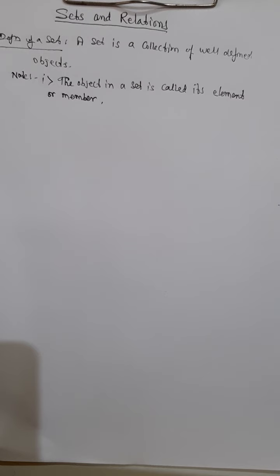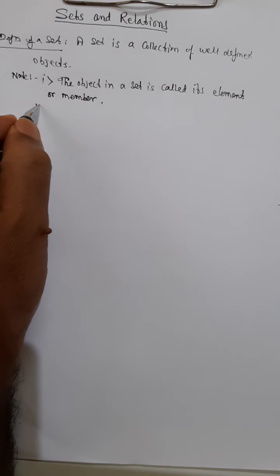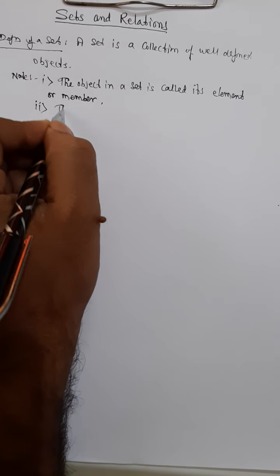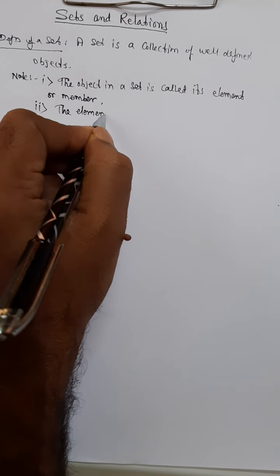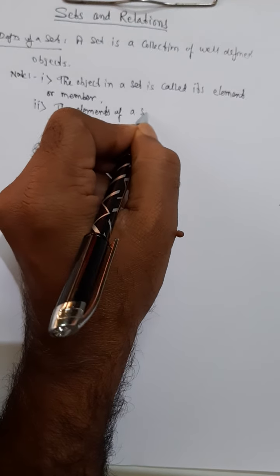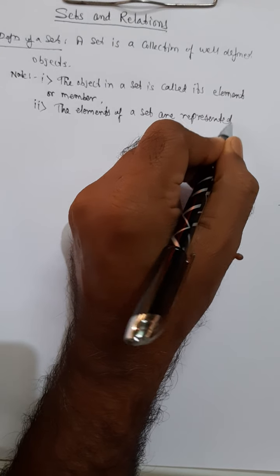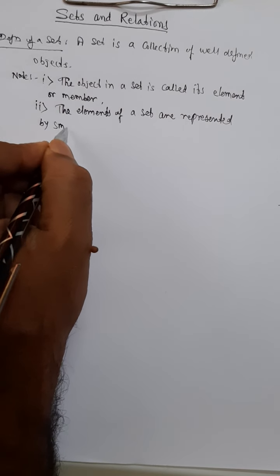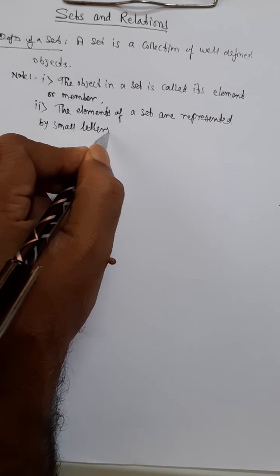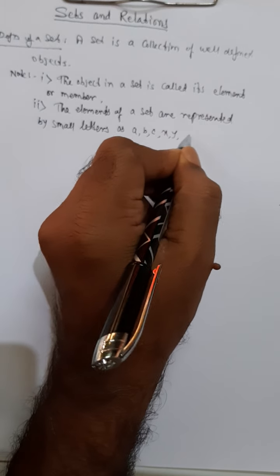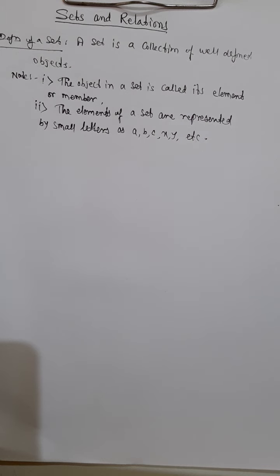Second point, the elements of a set are represented by small letters, as a, b, c, x, y, etc.